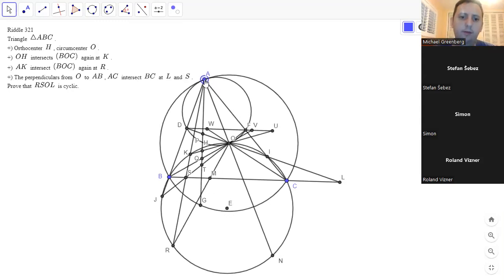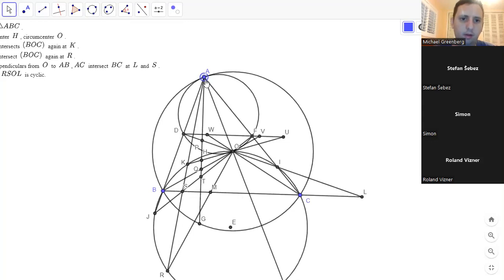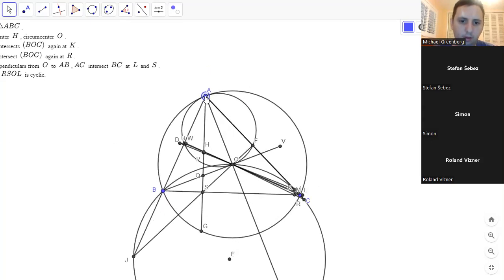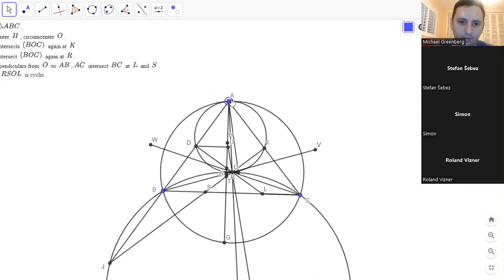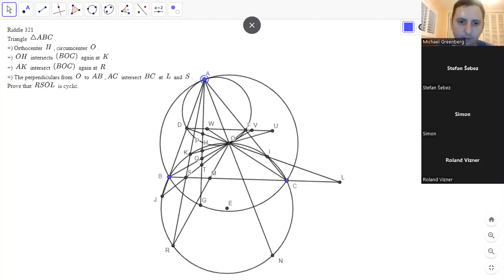Yeah, it's kind of tricky. I'd have to zoom in. I feel like I've drawn so many points that, let's see.